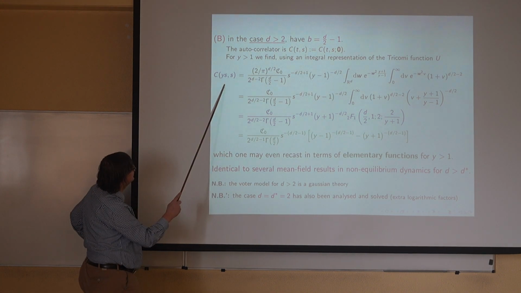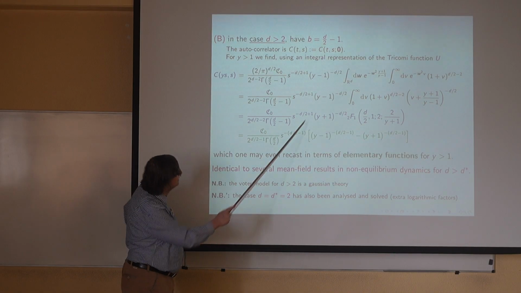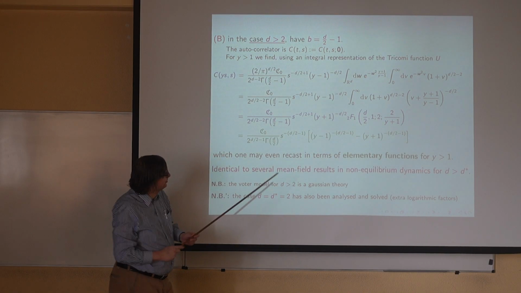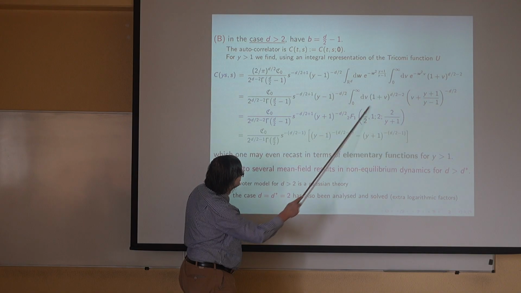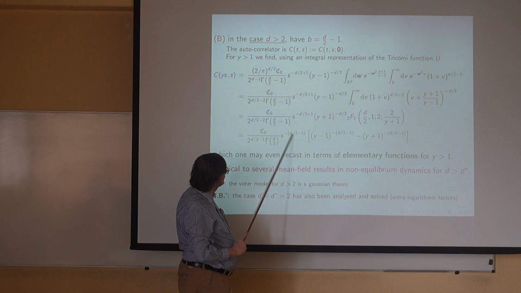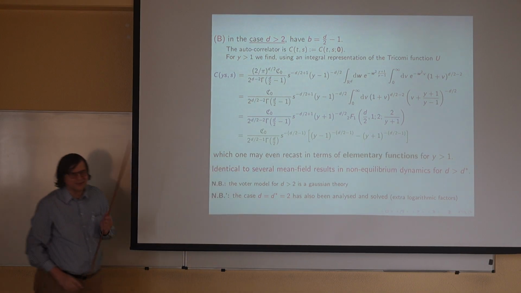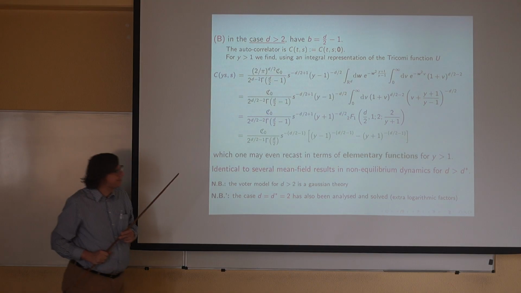For d larger than 2, we do the correlator, it's a double integral, and we write it again as some hypergeometric function. The arguments have changed. Actually, it turns out that in this case there's a mathematical identity which allows you to write these in terms of elementary functions.